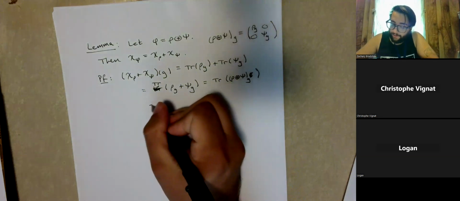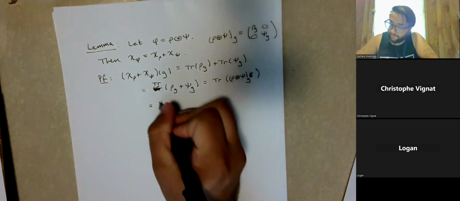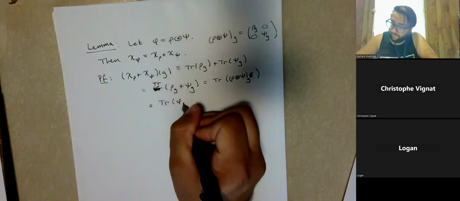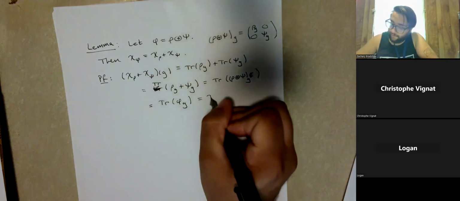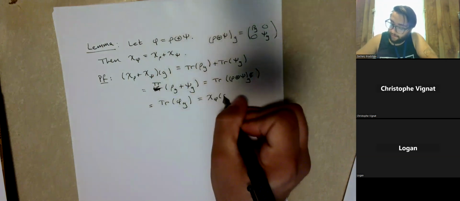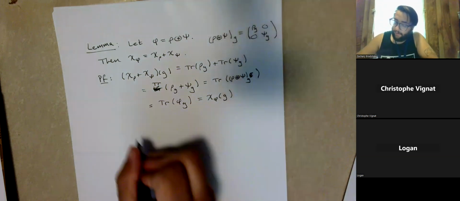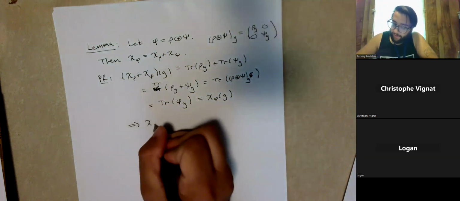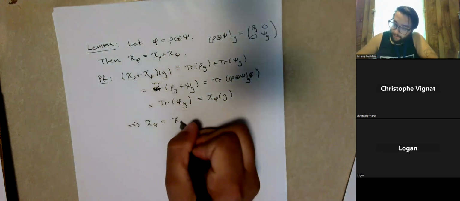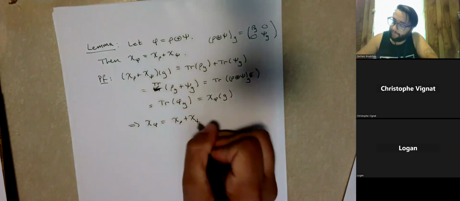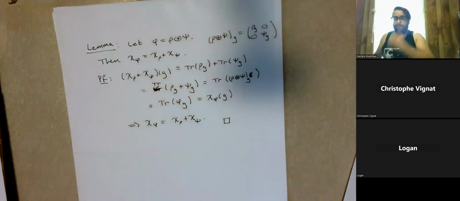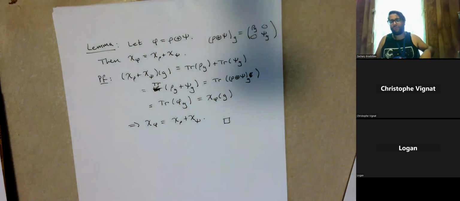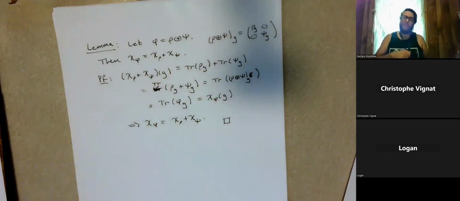And then this is equal to the trace of phi g, which is chi phi of g. And so that implies that chi phi is chi rho plus chi psi. So the character of a direct sum of representations is the sum of the characters.